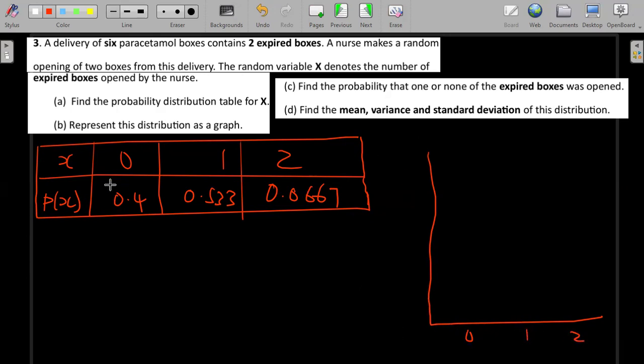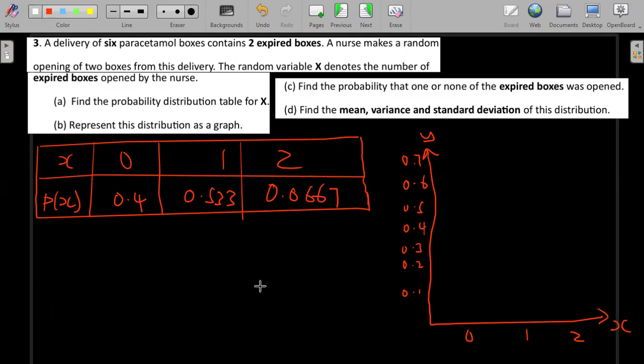On the probabilities, just take a look at what you have: 0.4, 0.5, 0.06. So you can go 0.1, 0.2, 0.3, 0.4, 0.5, 0.6, 0.7. So this is Y, and this is X.